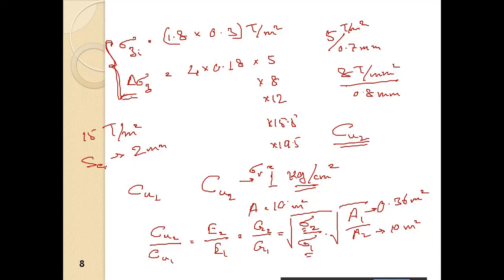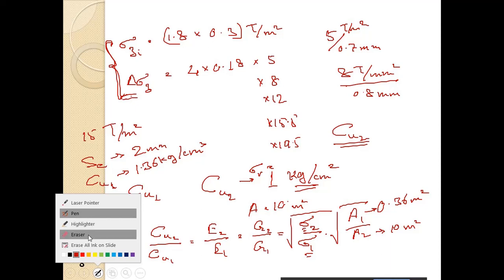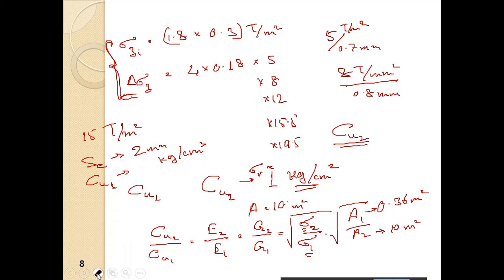The corresponding CU1 was obtained as 7.6 kg per centimeter cube, and CU2 we ultimately found out to be equal to 1.36 kg per centimeter cube.